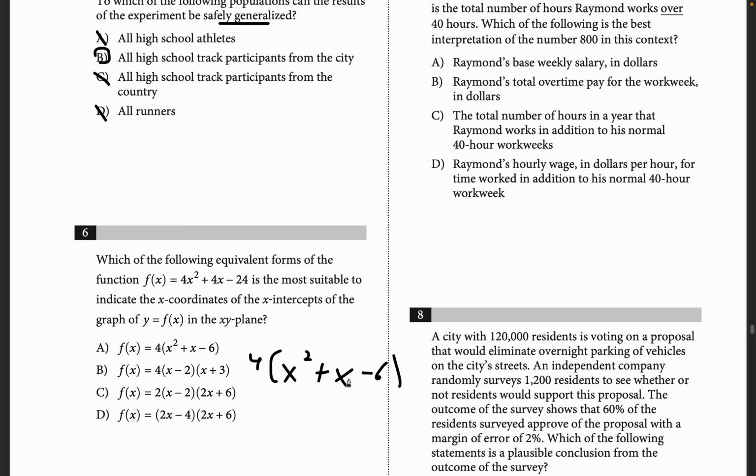Could we factor this? One that multiplies to negative 6 and adds to 1. Okay, got it. That's x plus 3 times x minus 2. Because 3 minus 2 is 1 and 3 times negative 2 is negative 6. That'll be choice 2. It doesn't matter which order.